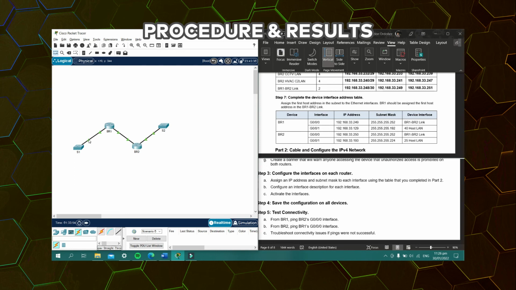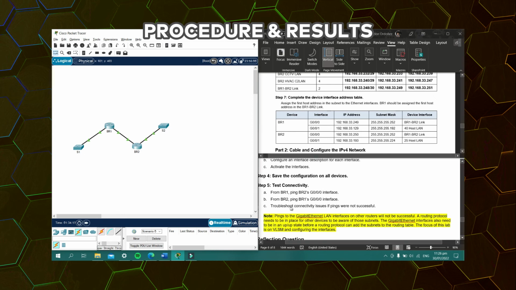Okay, now that we are done, you could see that a connection is already established between the path link. So from switch 1, it's connected to BR1, and BR1 is connected to BR2, and BR2 is connected to switch number 2. Now we would test the connectivity from BR1, ping BR2's G0/0/0 interface.